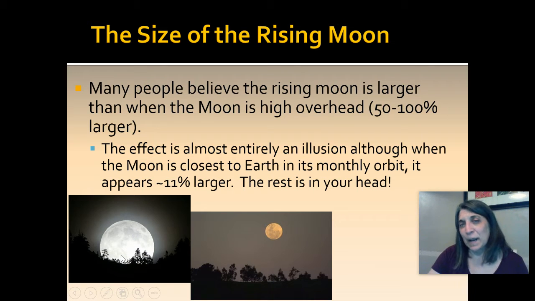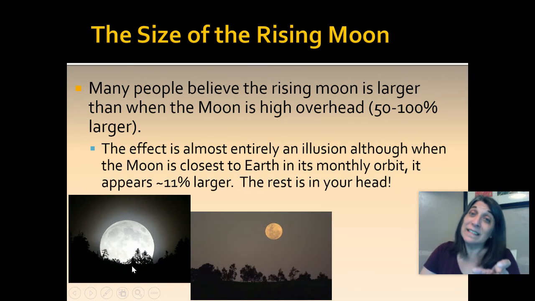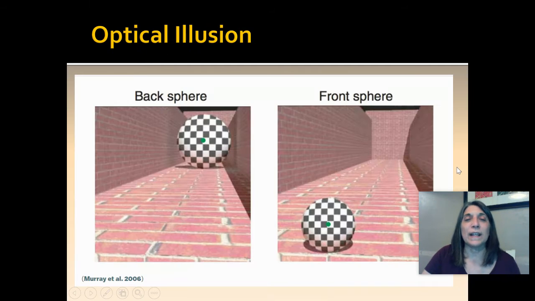And one of the theories, and I can't remember the name of it, it's going to be in the video you'll watch after this one, is because it's being compared to smaller objects around it, like smaller trees. So you have a little bit of perspective, and so it appears huge. But when it's way high up in the sky, there's nothing around it except space and stars, and so it looks a lot smaller. So that's one of the illusions.